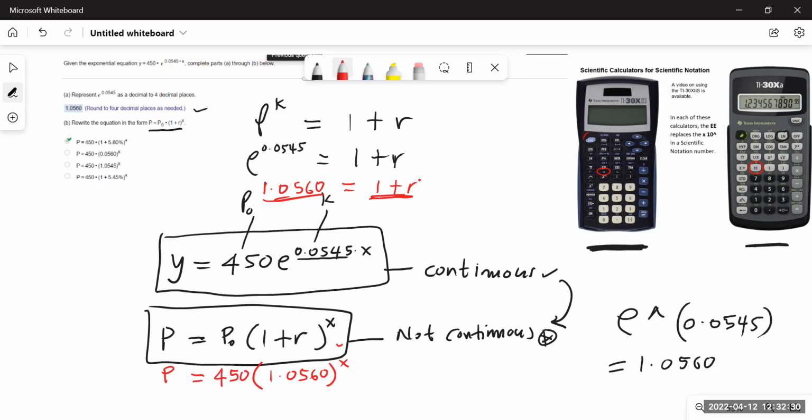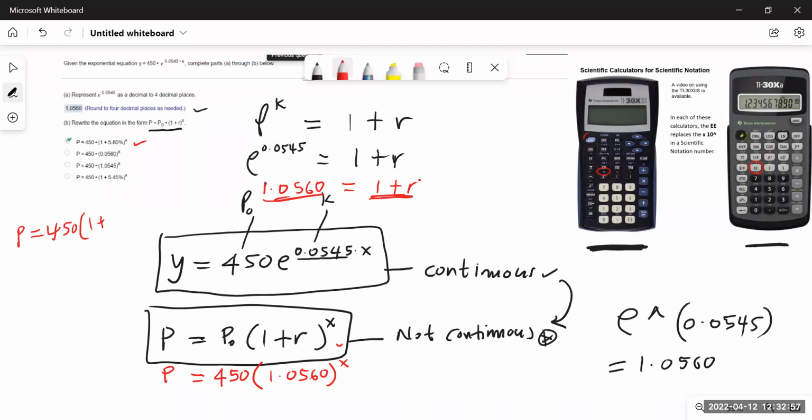Is that okay? But this equation looks very tricky. The options that you've been given look really very, very tricky, right? Because when you do this, you have to ensure that, for instance, for number 1, we are saying that our answer is the A, right? This is because if we want to break that down, this is 450 times 1 plus 5.6%.